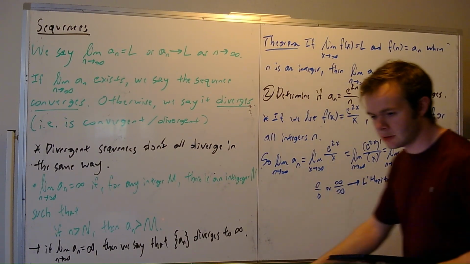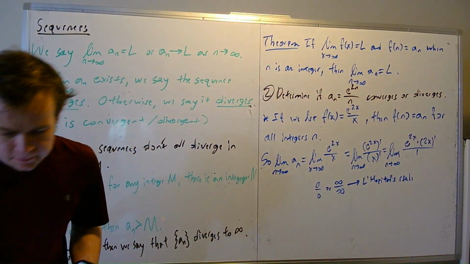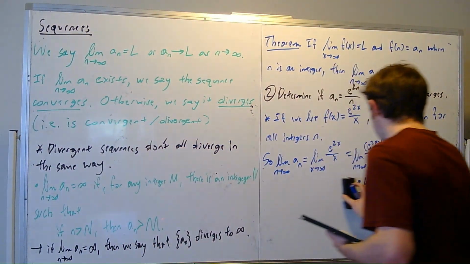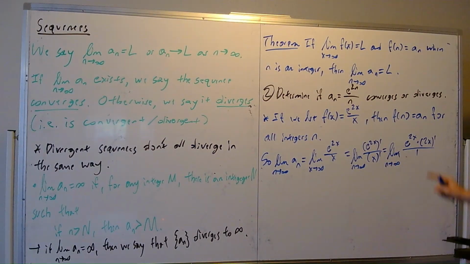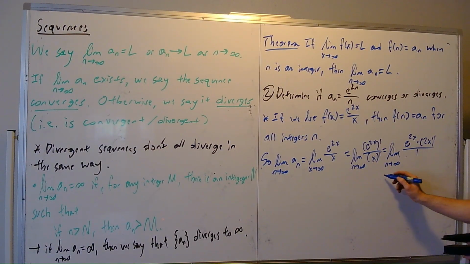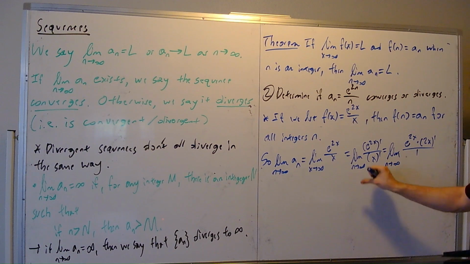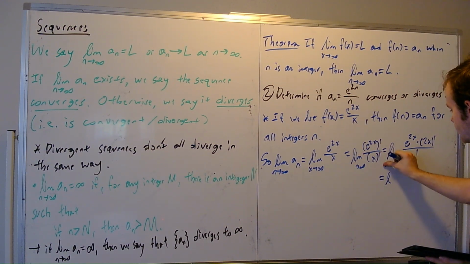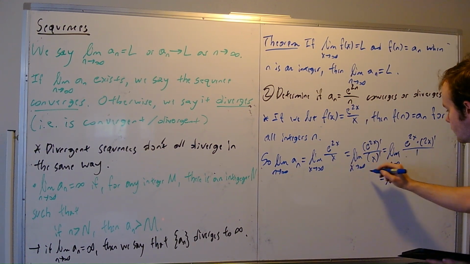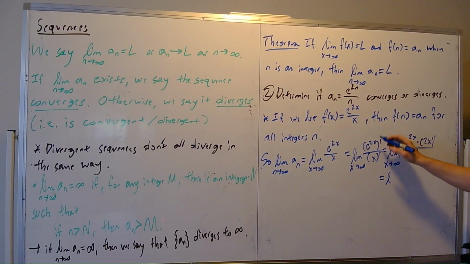Okay, so let me just go ahead and erase this part. Right, so the derivative of 2x is 2. Oh shoot, sorry. I just subconsciously replaced these with n's. These are supposed to be x's, because here you've got x's.